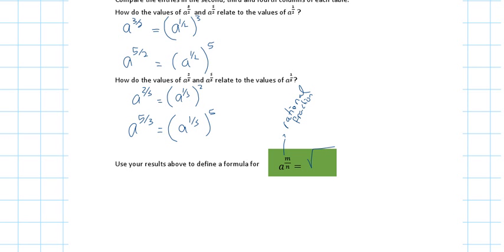The nth root of a to the power of m, so you can put it here, or you can put it here. It's the same thing. Okay? Are we good with that?